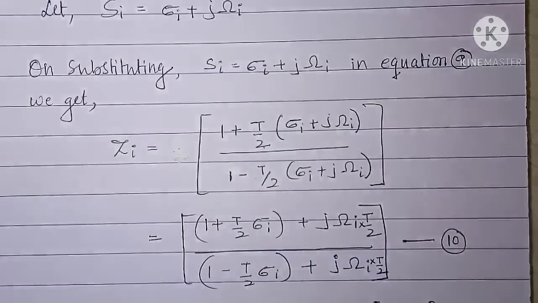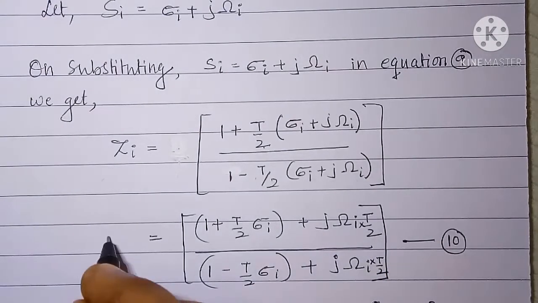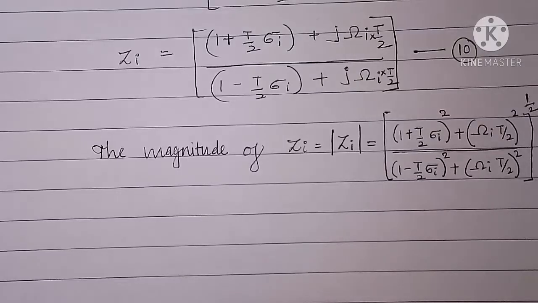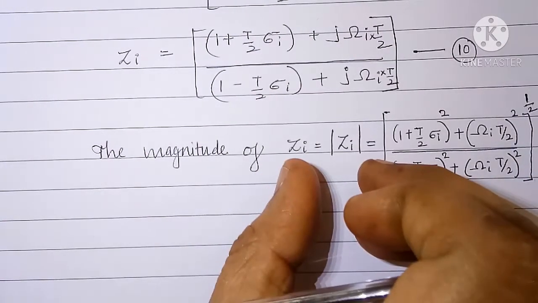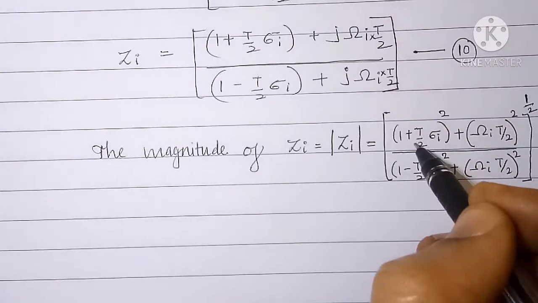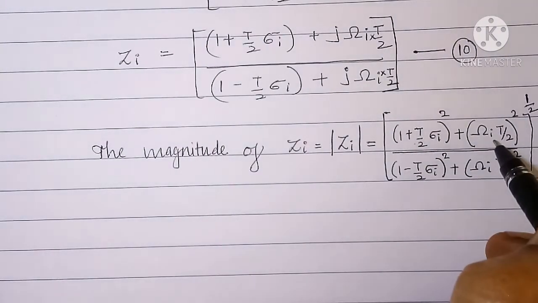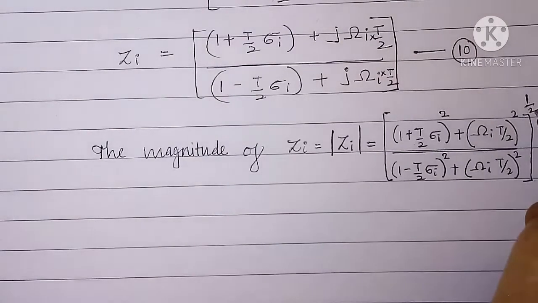Now we will find what is the magnitude of this Zi. We know that the magnitude of a complex number is square of real part plus square of imaginary part under the root. So, magnitude of Zi is real part square plus imaginary part square in numerator and denominator, whole raised to half. Whole raised to half means what? Square root.